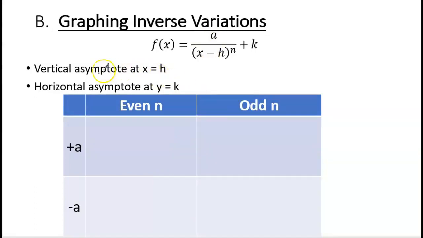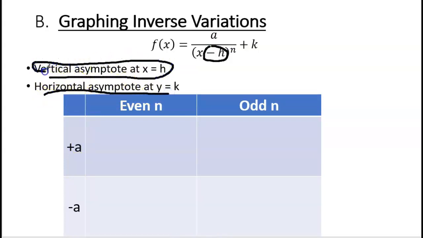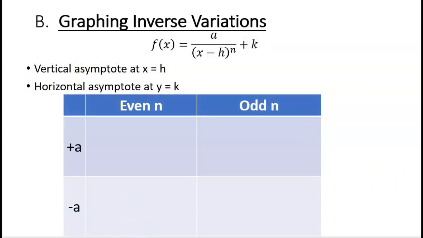Okay. So first of all, what we learned is that whatever number you're subtracting from the x, that's going to tell you what your horizontal asymptote is. I'm sorry, your vertical asymptote, my bad. And whatever number you are adding or subtracting from your total function will tell you what your horizontal asymptote is. We also saw earlier what these functions look like when graphing them.